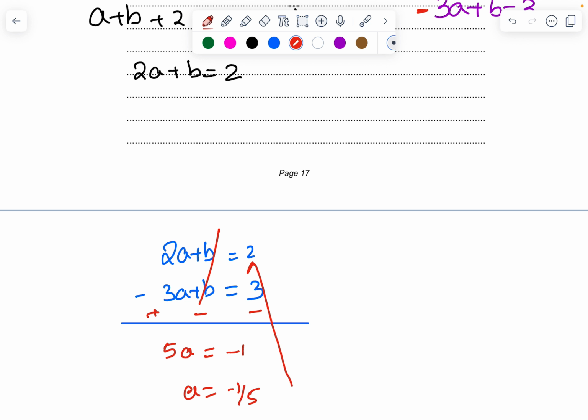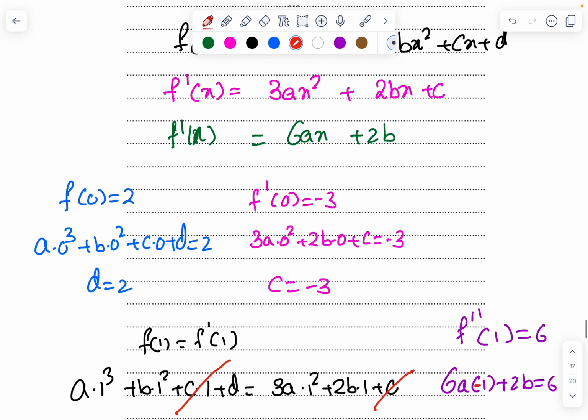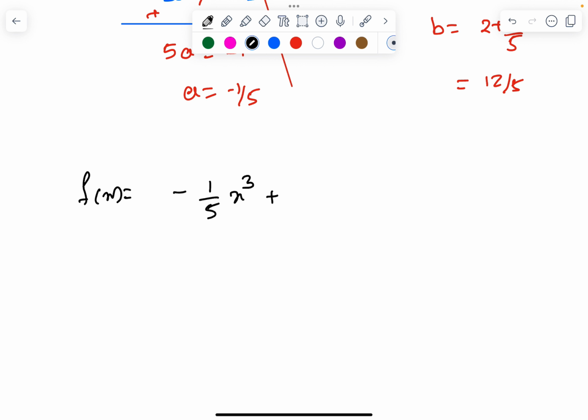Plug in a equals negative 1 by 5 over here. 2 times negative 1 by 5 plus b equals 2, b equals 2 plus 2 upon 5, which is 12 upon 5. The values of a, b, c, d have been found. So what's going to be f of x now? f of x is going to be negative 1 upon 5 x cubed plus 12 upon 5 x squared minus 3x plus 2.